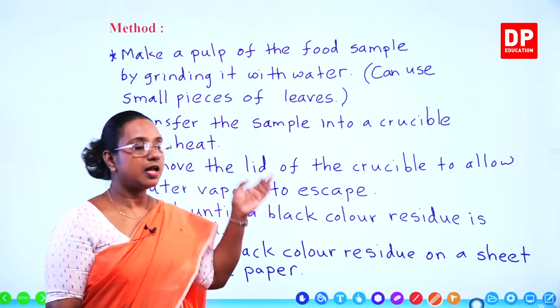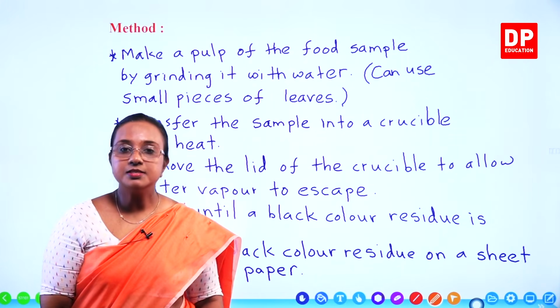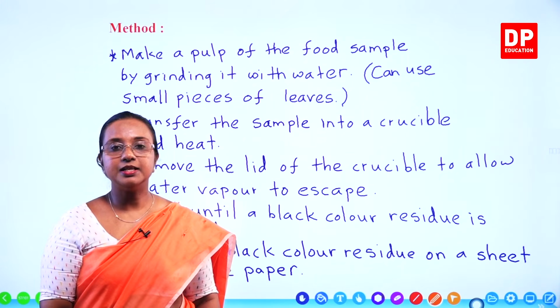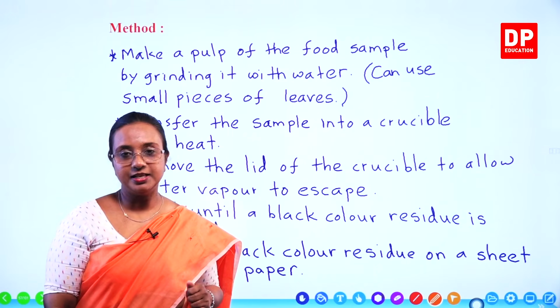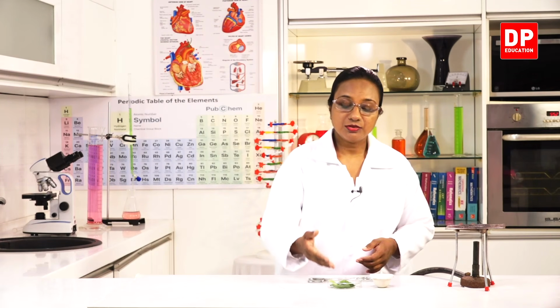So students, now you have understood the steps of this activity clearly. We will carry out this activity in the lab. Okay students, now we will do the activity to test for the presence of carbon in food samples. For this again, you can use any solid food sample, leafy vegetables, piece of fish, meat, anything can be used. Today I am going to use these leaves.